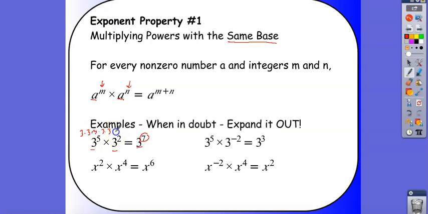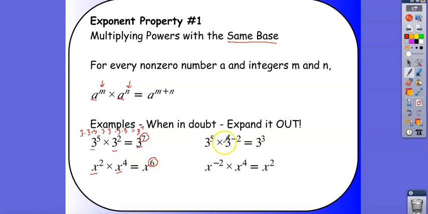You have 2 3's multiplied. What does that equal? Aren't there 7 3's total? It would be 3 to the 7th. Okay, let's try this one down here. The x is your base, and it's exactly the same. And you have 2 and 4. So I add them together to get 6.